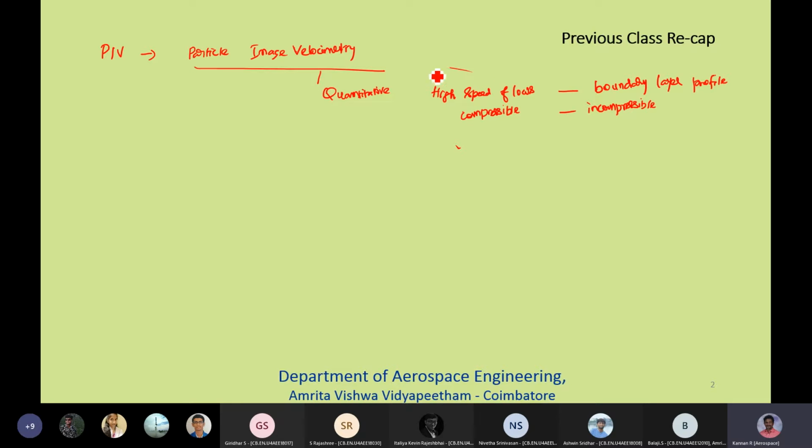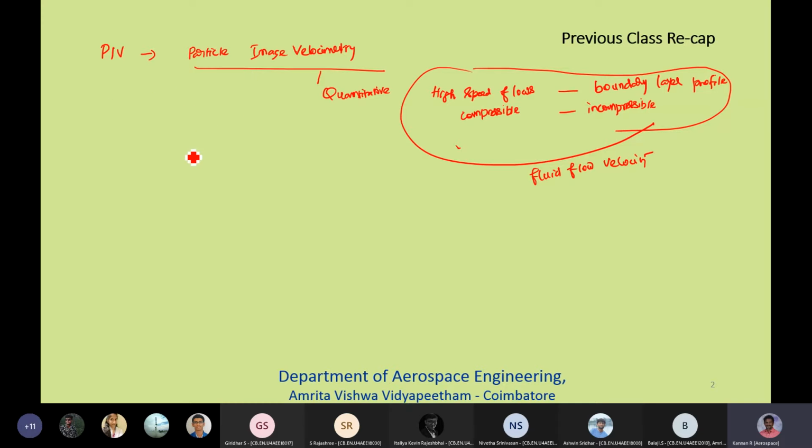Basically, what we are going to do is get a fluid flow velocity, and from that we are going to resolve it. Different types of PIV are there: 2D planar, stereo PIV, 3D PIV. Right now our focus is the generalized aspect.